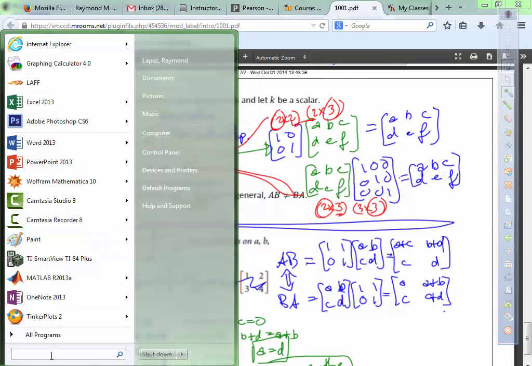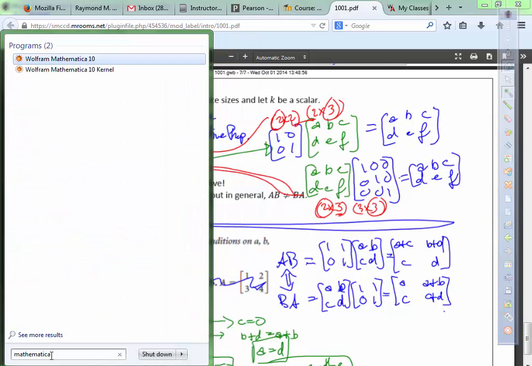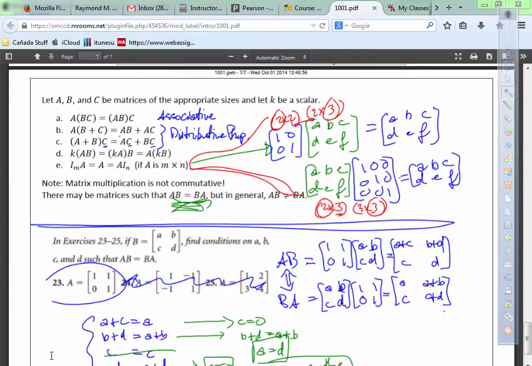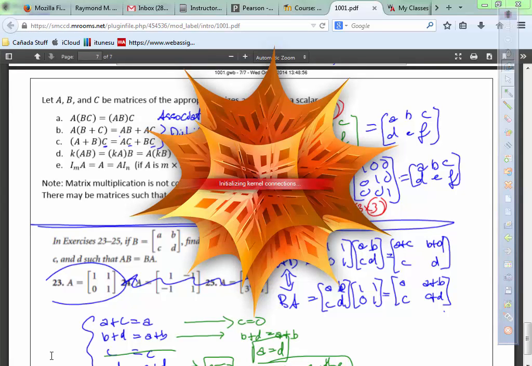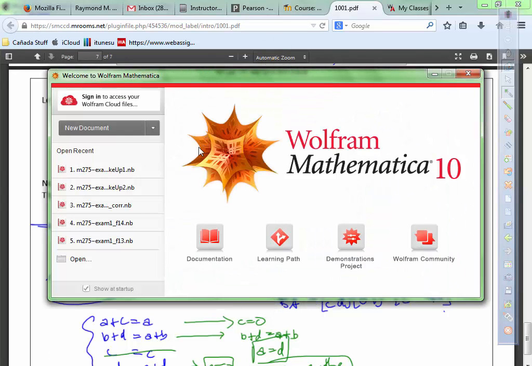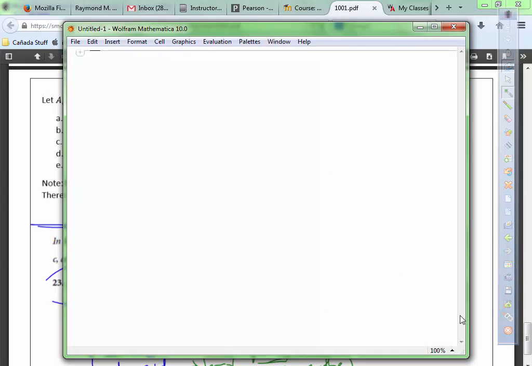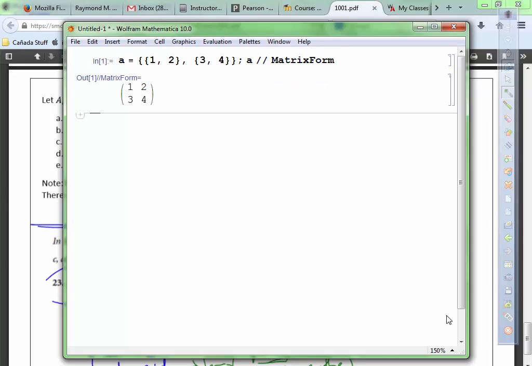What's Mathematica? All right. Let's start off by defining your matrix A: 1, 2, 3, 4. So that's your matrix.